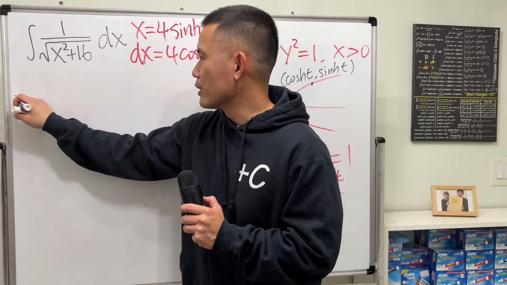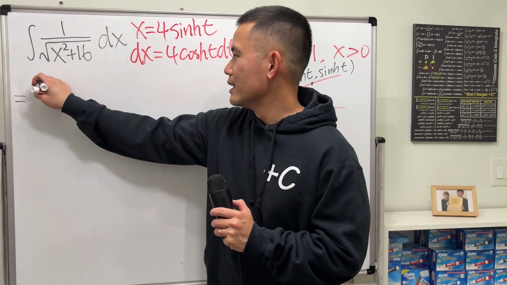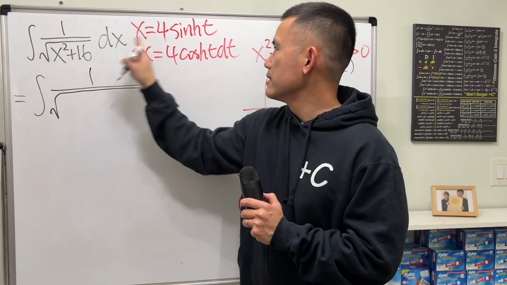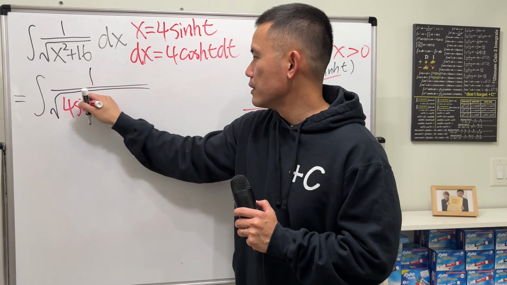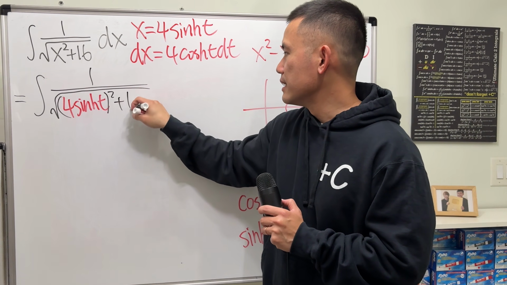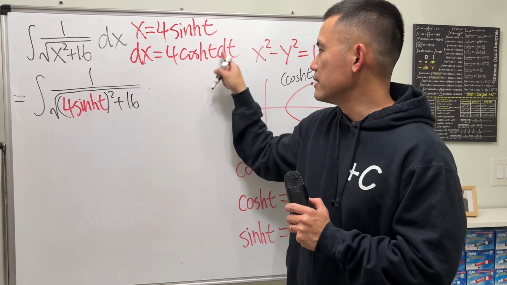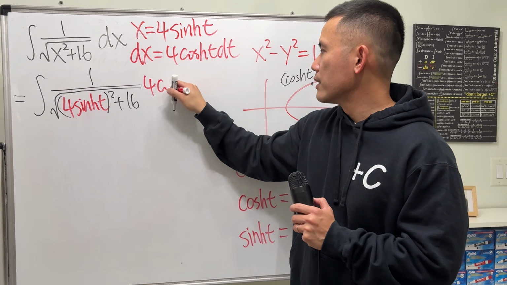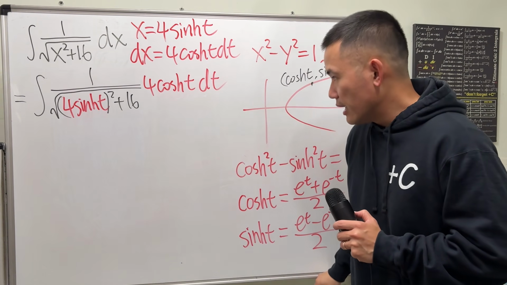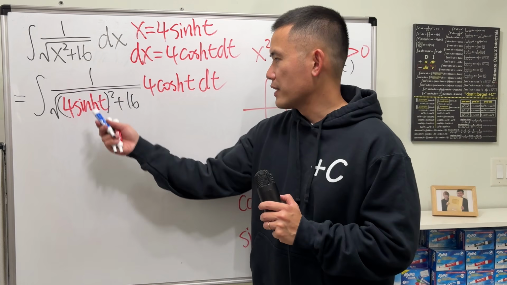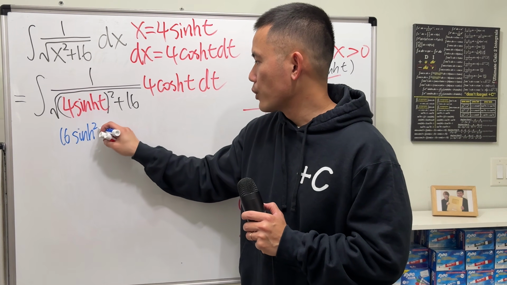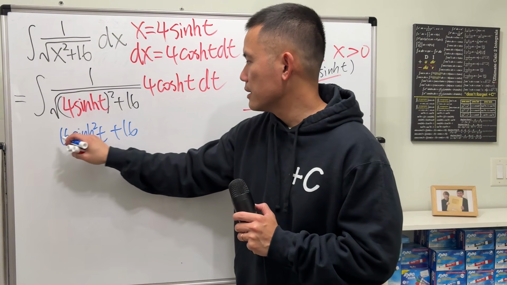Now let's go ahead and go to the t world. Integral 1 over square root. x is this now. Square that plus 16. And then the dx is this, 4 cosh t dt. And then just like what we did earlier, let's simplify this part. We have 16 sinh squared t plus 16.